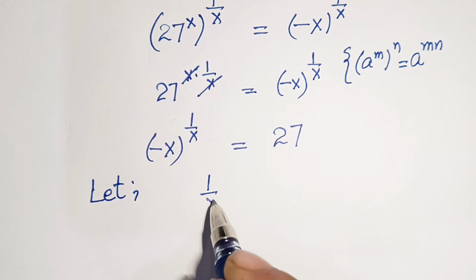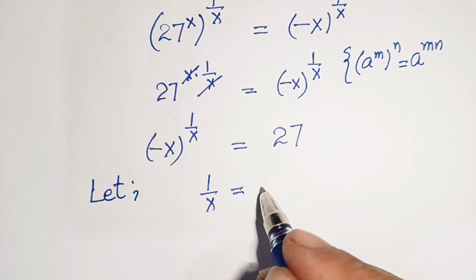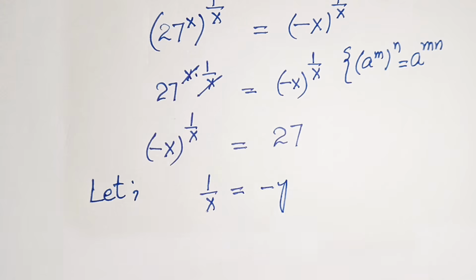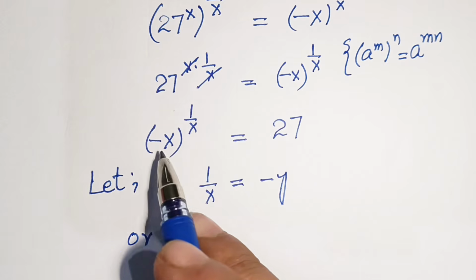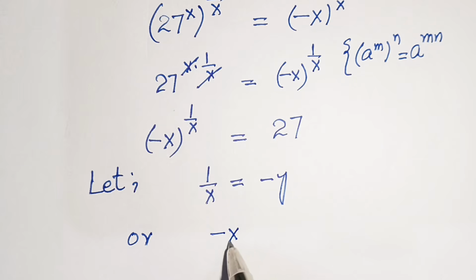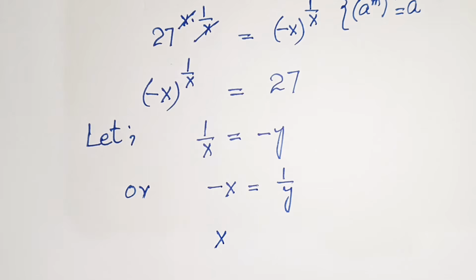Now let us suppose that 1 over x is equal to minus y. 1 over x is equal to minus y, and we also write that minus x will be 1 over y. Similarly, shifting the negative sign, we have x is equal to minus 1 over y.